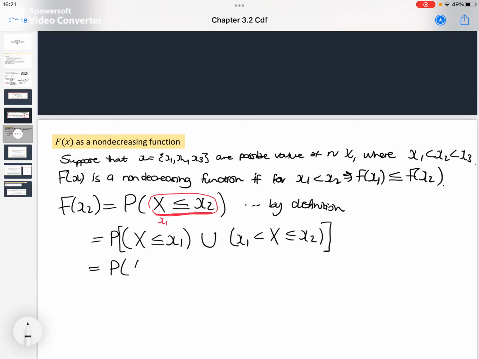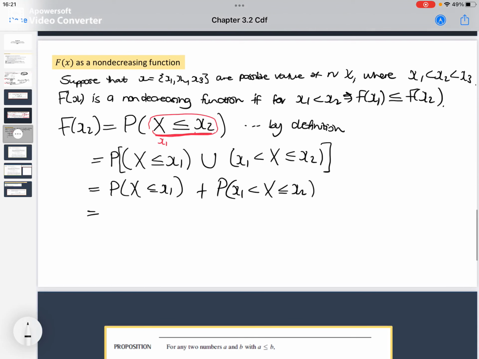So this is equal to the probability that X is less than or equal to x1, plus the probability that X is greater than x1 and less than or equal to x2. By definition, the first probability is F(x1), plus the probability that X is greater than x1 and less than or equal to x2.